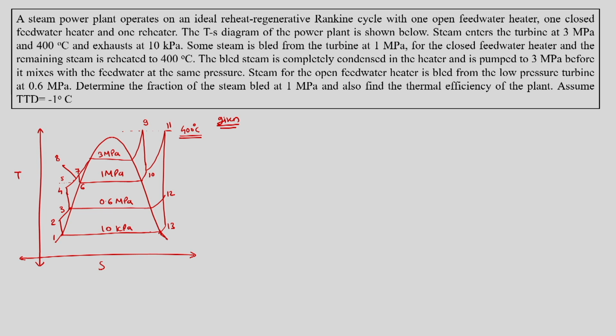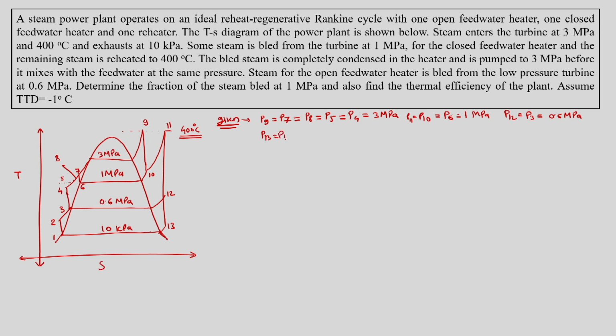Then it is given that this temperature is 400 degrees Celsius. So we mention the given things: P9 is equal to P7 is equal to P8 is equal to P5 is equal to P4 is equal to 3 megapascal. Then P10 is equal to P6 is equal to P11 is equal to 1 megapascal. Then P12 is equal to P3 is equal to 0.6 megapascal.